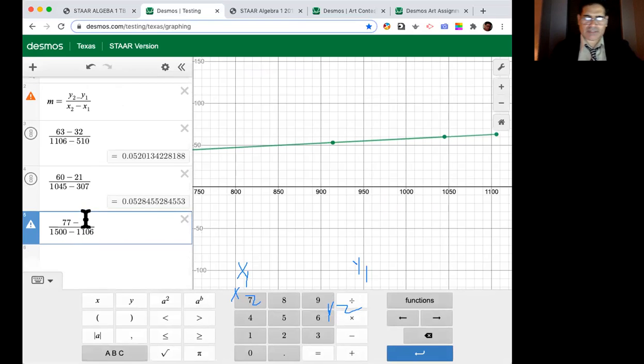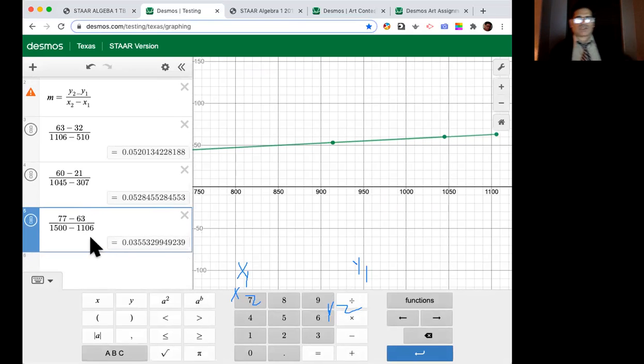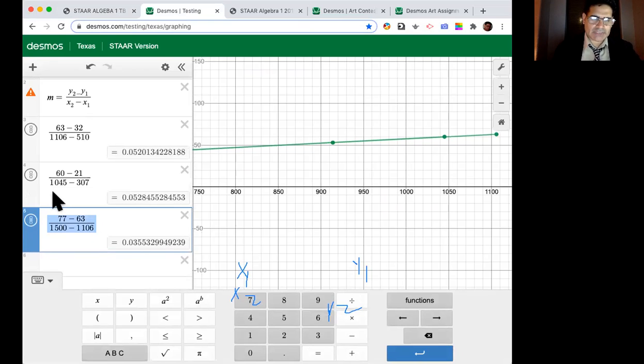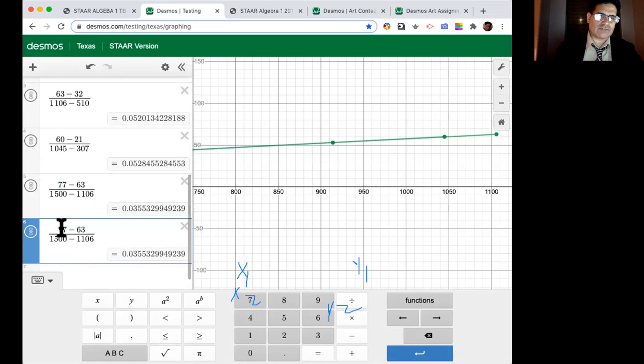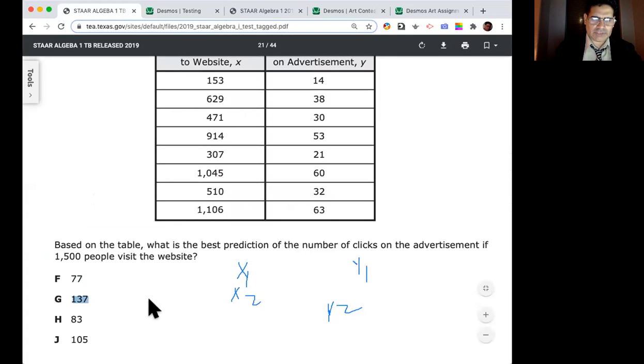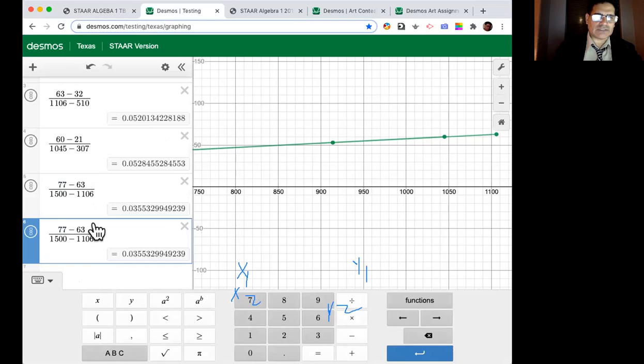Let's just try that. This gives me 0.035. Okay, that's quite a difference from what we've been getting. Let's try, I'm going to copy and paste this and then change one value. I'm going to take the next one, 137 over 63.